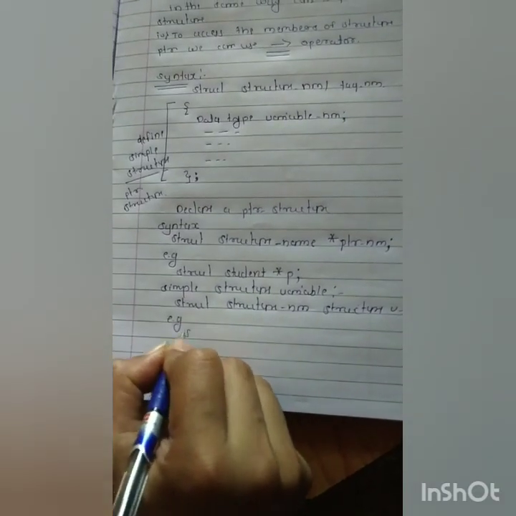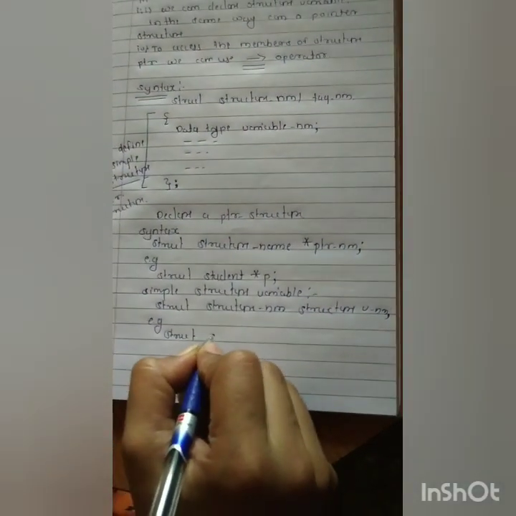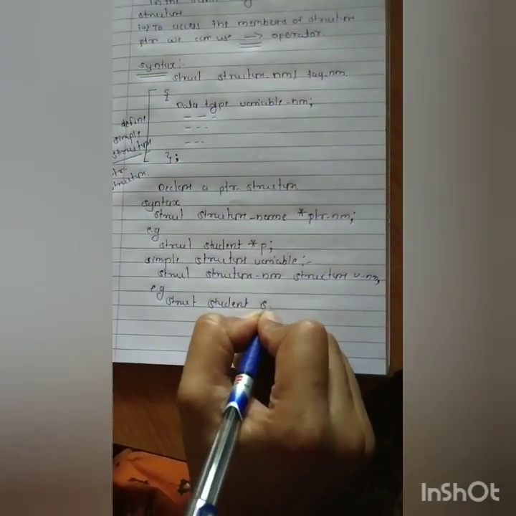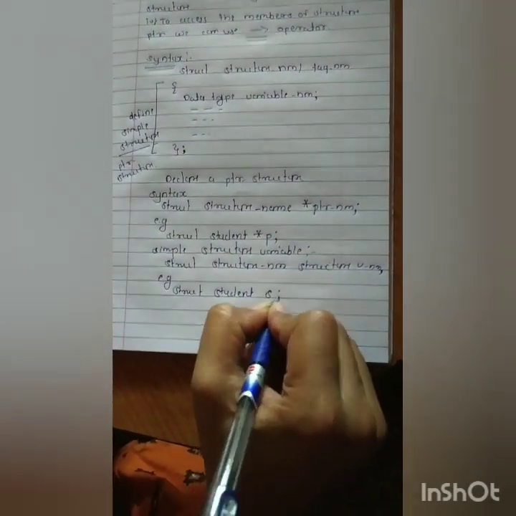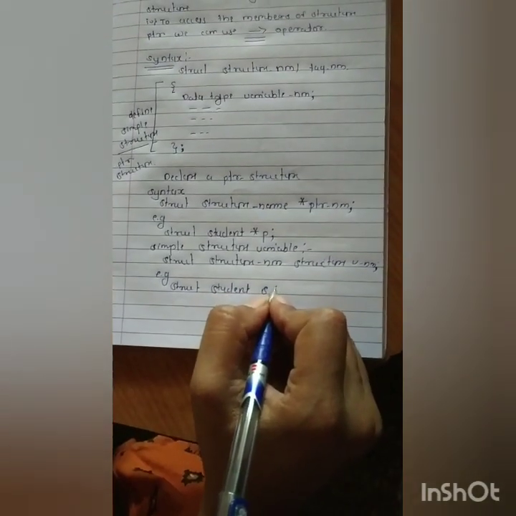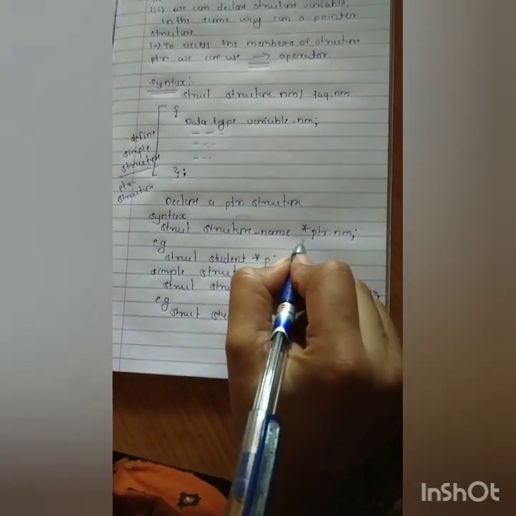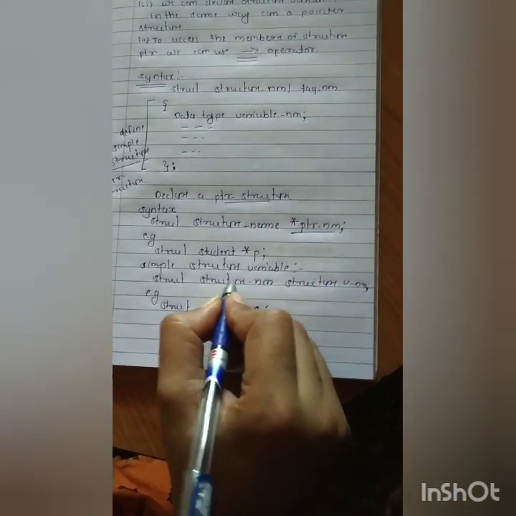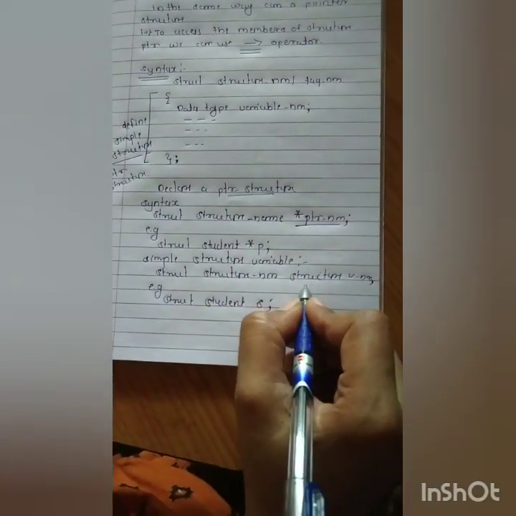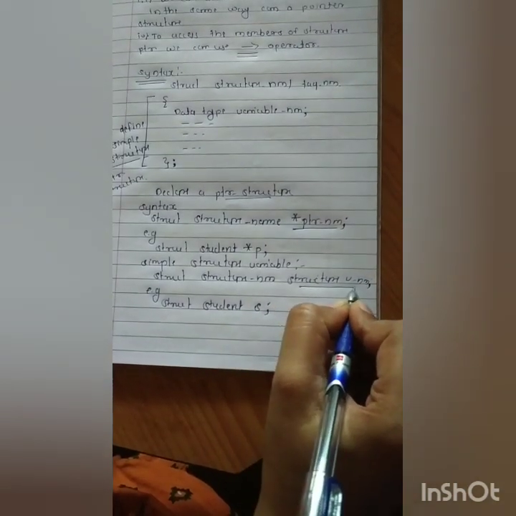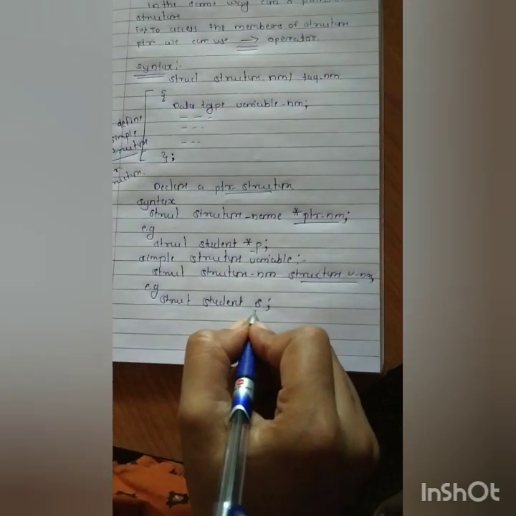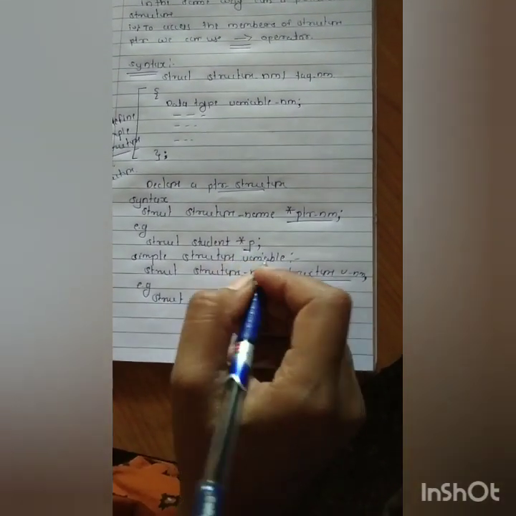For example, struct keyword, structure name, suppose student, and simple structure variable name is S. Here we use a pointer variable name for declaration of a pointer structure, and in a simple structure we use a simple structure variable name. Here is the example of these two declarations.